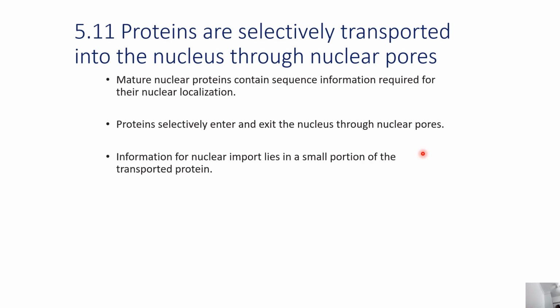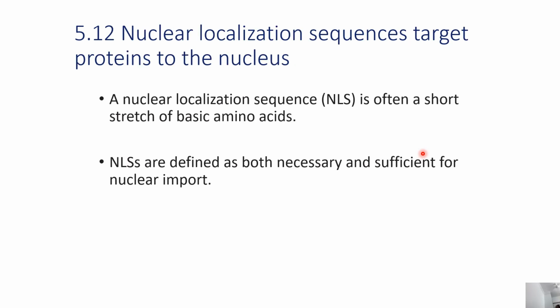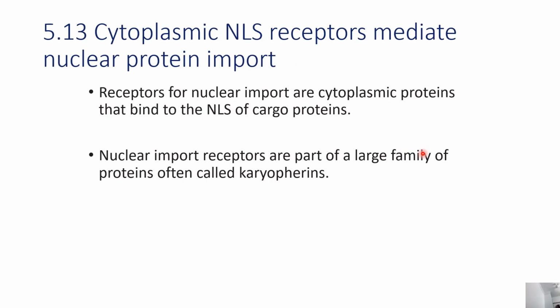Now, mature nuclear proteins contain sequence information required for their nuclear localization. Proteins separately enter and exit the nucleus through nuclear pores. Information for certain nuclear imports lies in a small portion of the transported protein. The receptors for nuclear transport are cytoplasmic proteins that bind to the NLS of the cargo proteins.